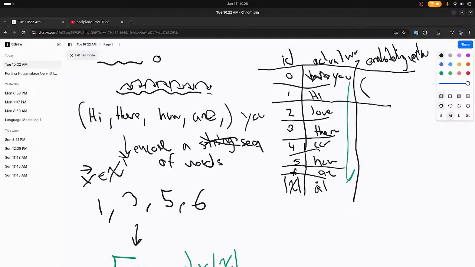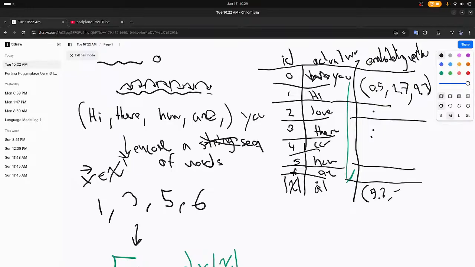So this might be 0.5, 2.7 and 9.3, and this one has some other thing, and this has 3, 9.2, minus 4, 11.